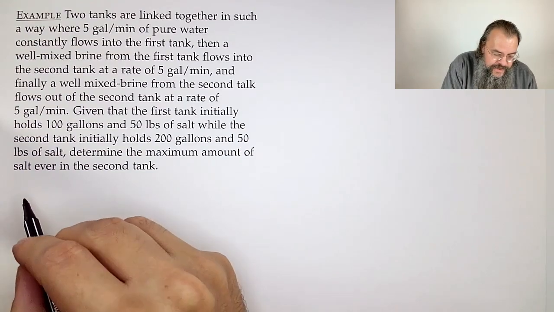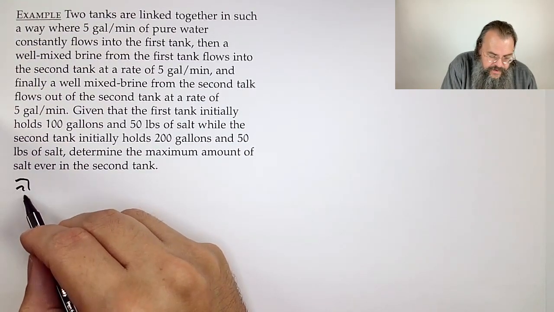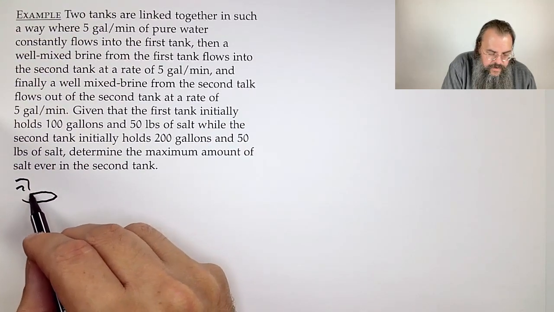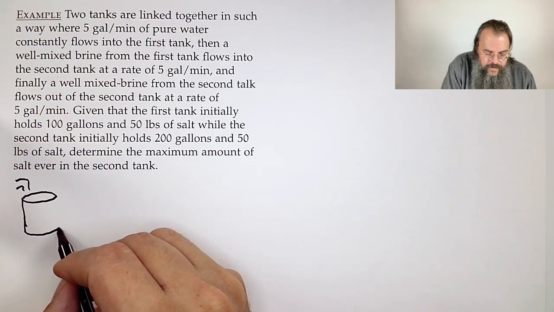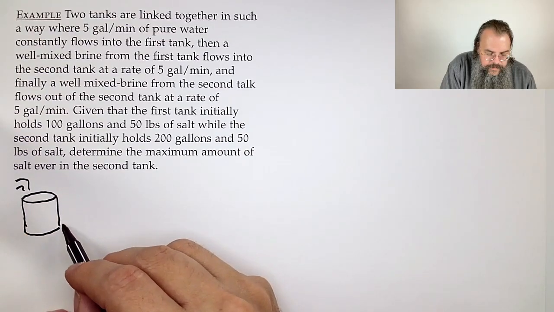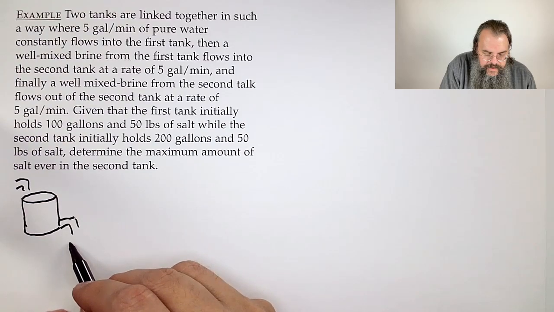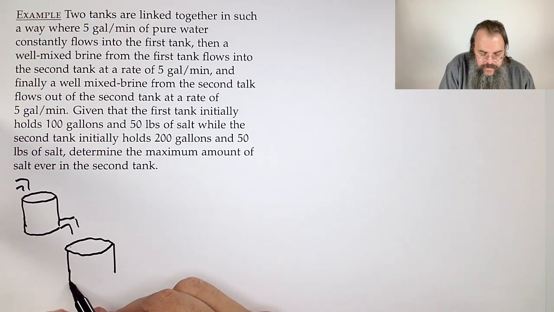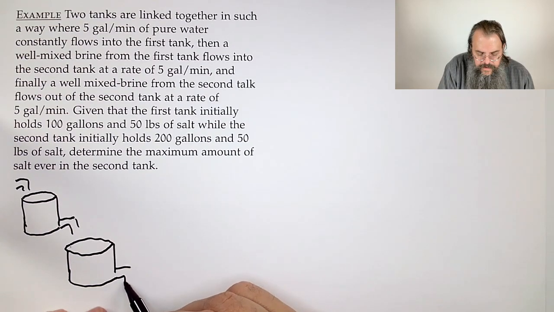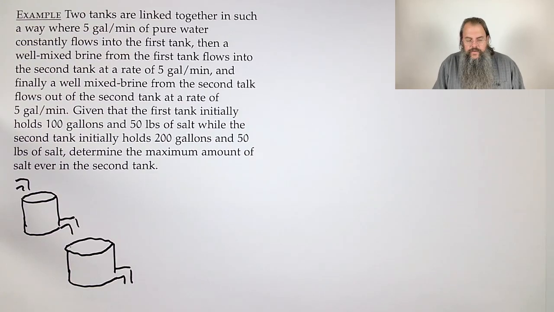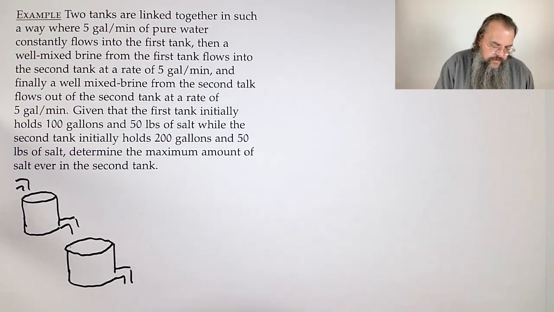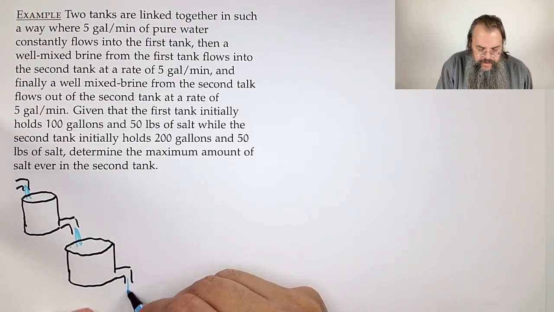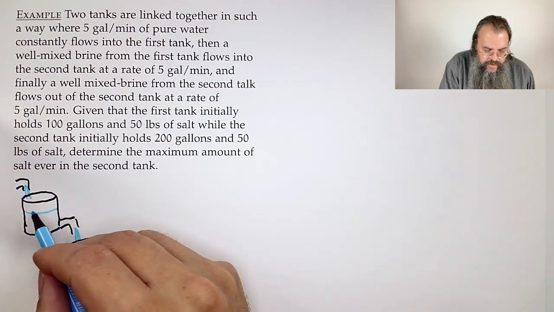So let's draw our little picture here. So we have our first tank, and then we have our second tank, and then we have stuff coming in, and then we have there, and then we have there.